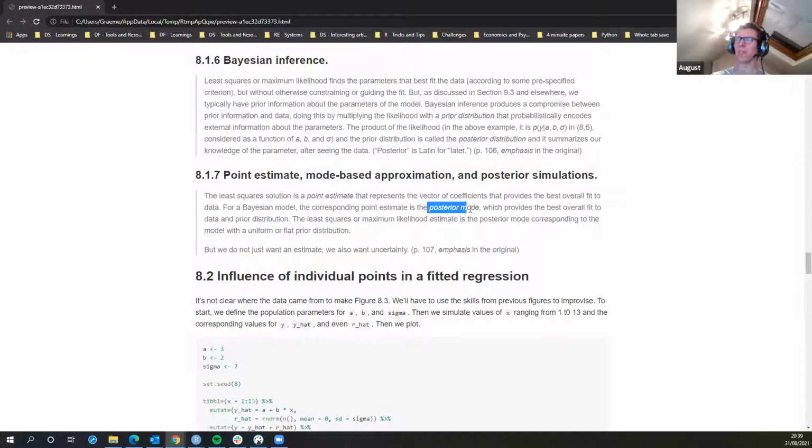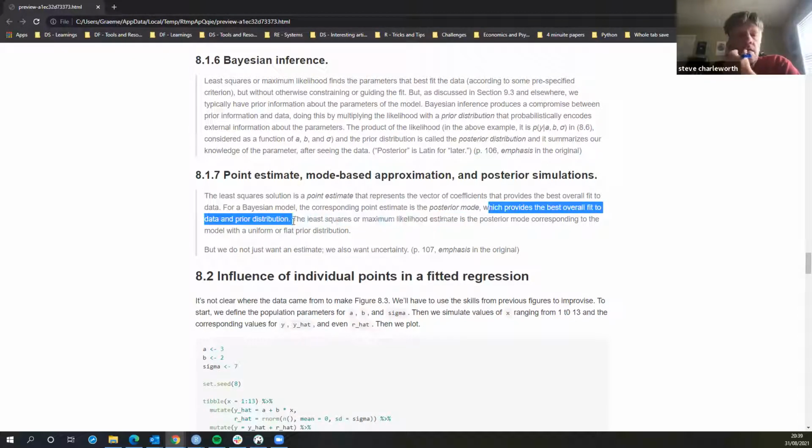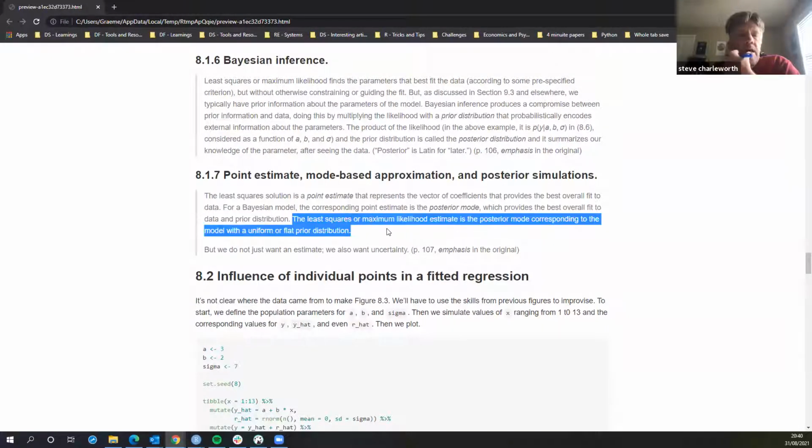So is our predictive line or model called a point estimate in parametric, and in Bayesian it's called a posterior mode, or is that just a slightly different thing? I think the corresponding point estimate is a posterior mode. Yeah, because in that case you're using the posterior and you just want to find the mode of that.